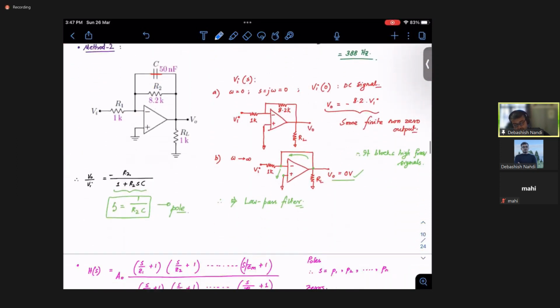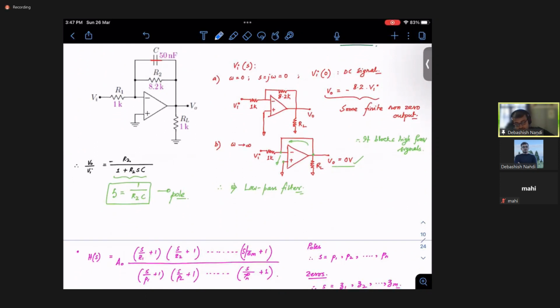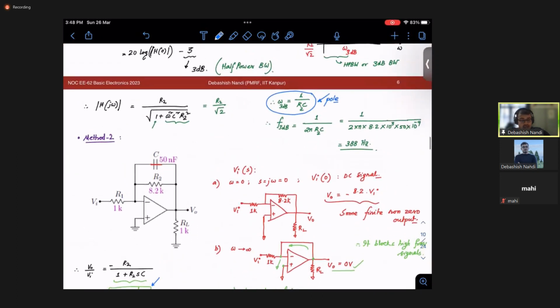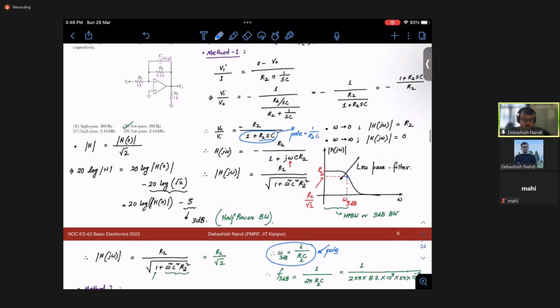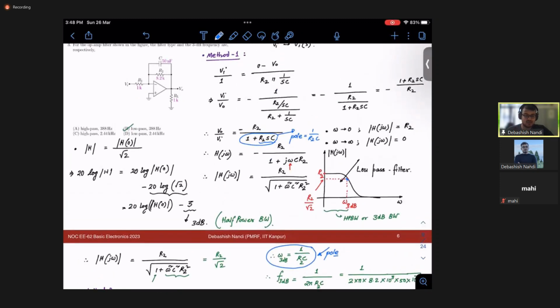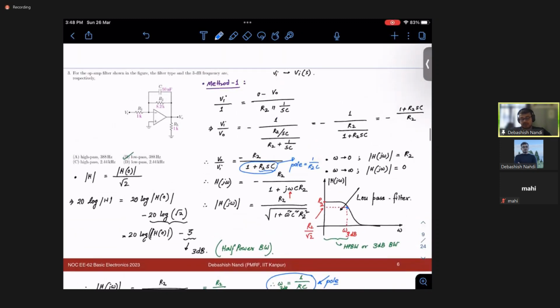So if you are able to find your transfer function, just by looking at the pole location you can tell what the 3 dB frequency is, right? So this is pretty simple. There are other methods also to solve this circuit, but these are the most convenient methods. One is your rigorous analysis.